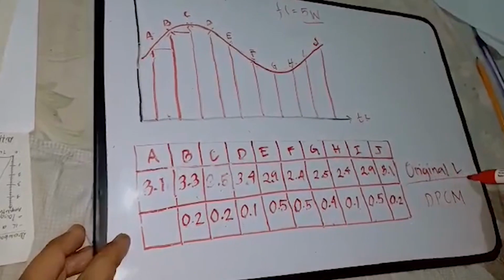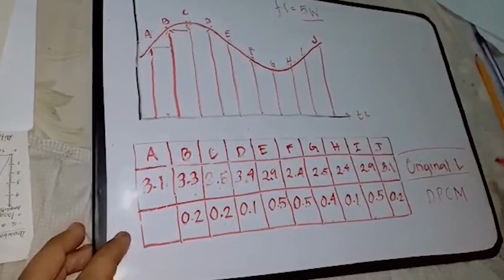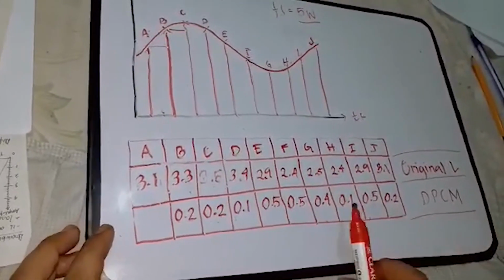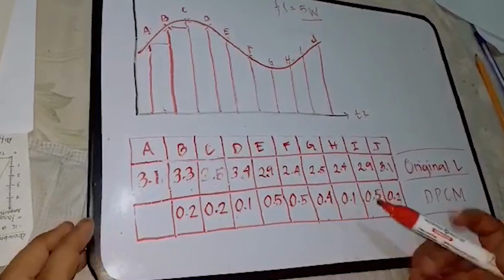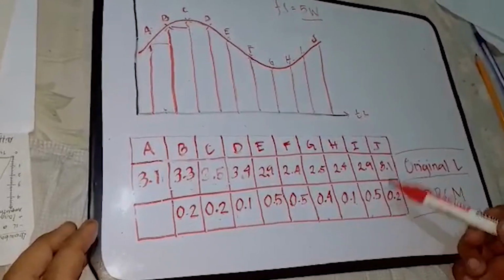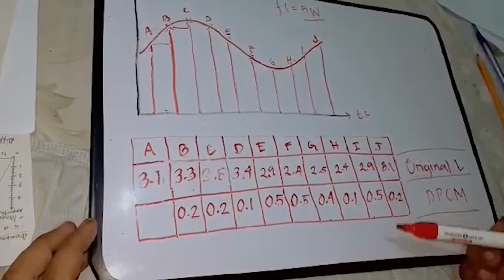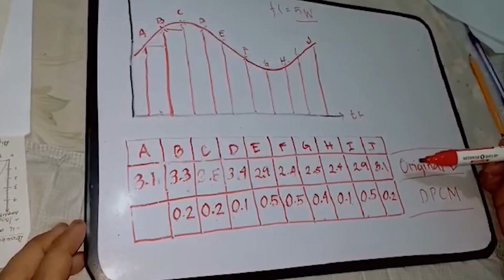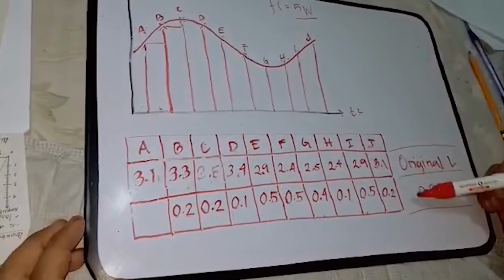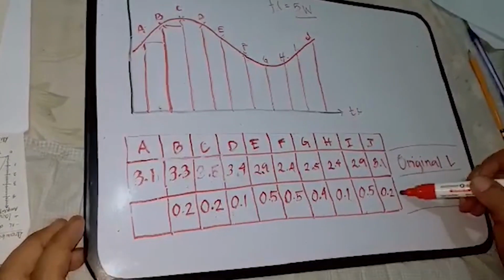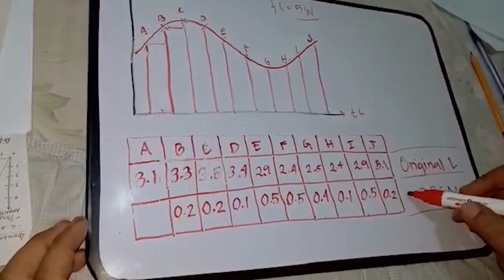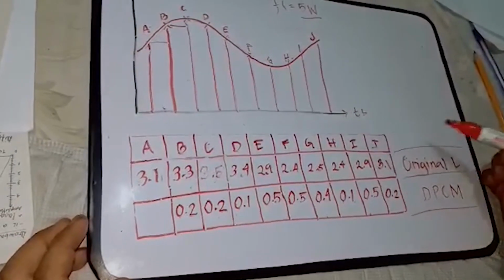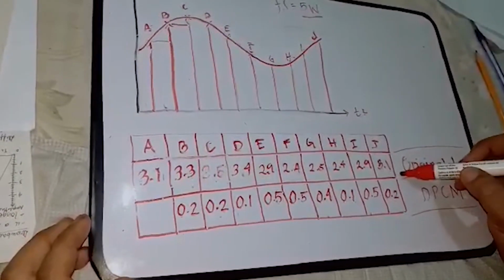So by analyzing the consecutive values that we get, it's easy to determine that DPCM requires only minimal voltage than the original levels.